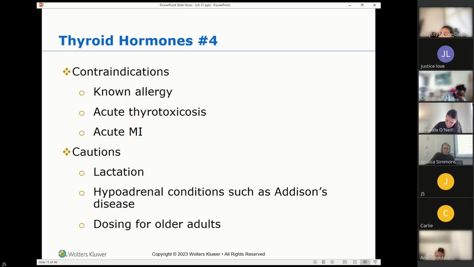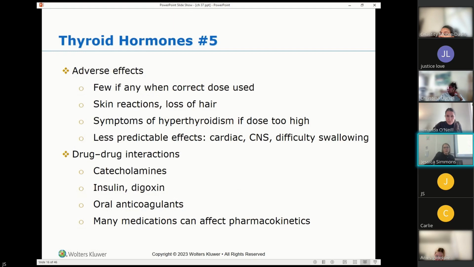So that's something important for consideration for older patients. I don't know if it's in the book. That's just from my own knowledge.